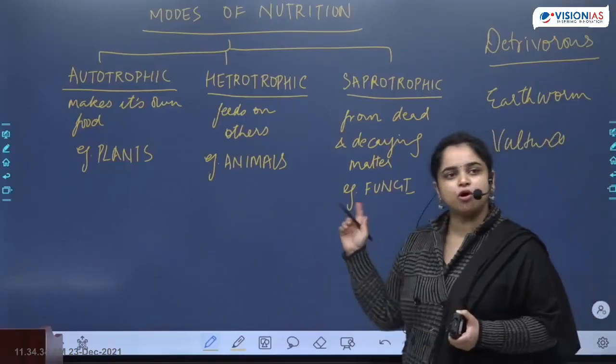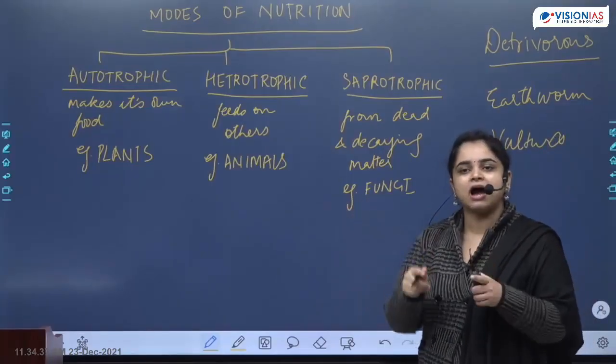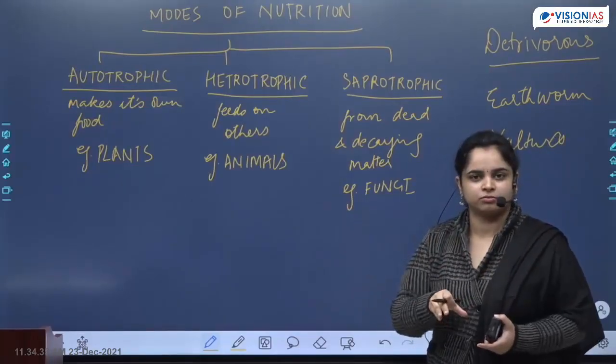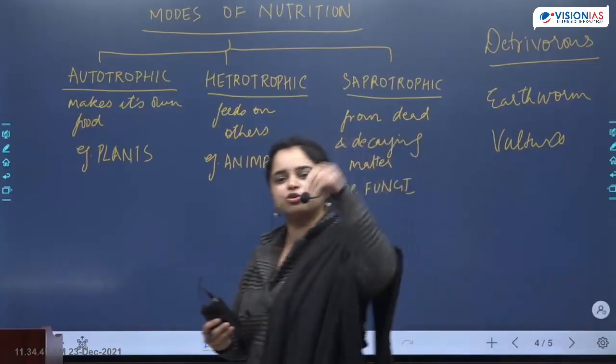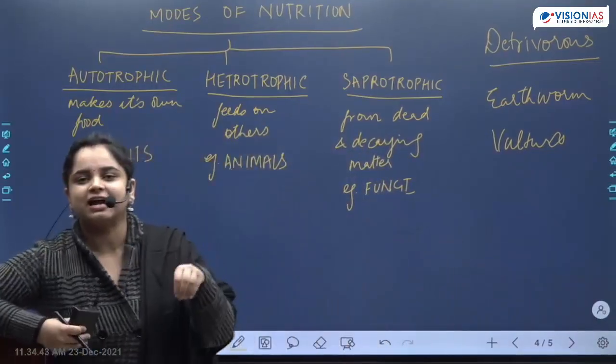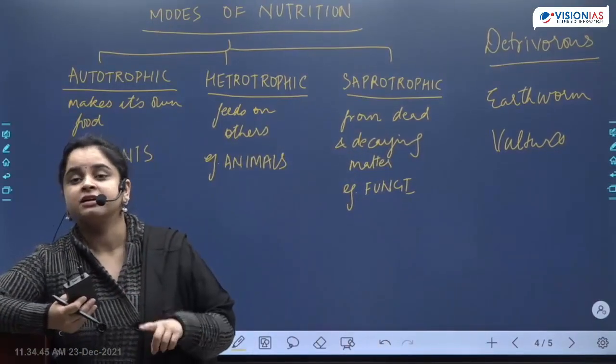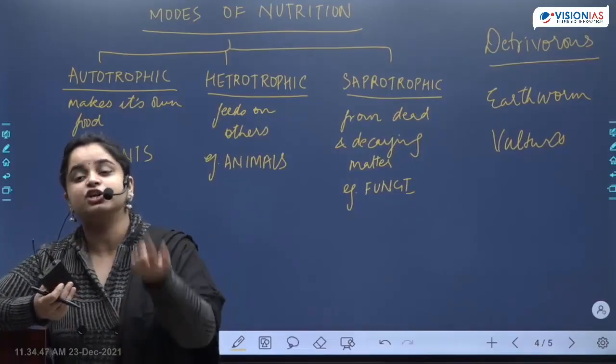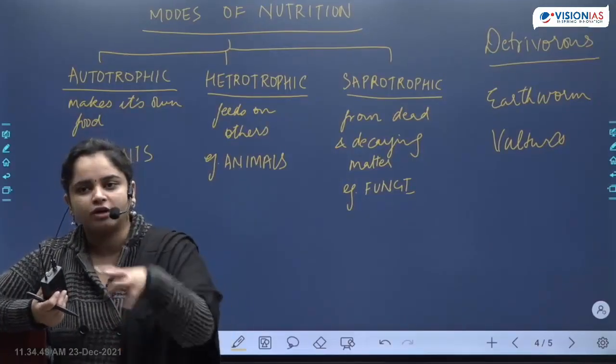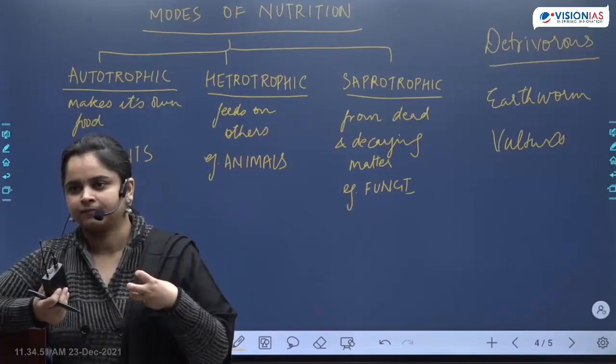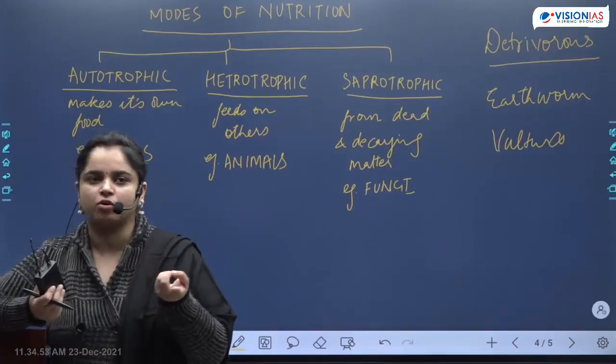Being saprotrophic means that you are first breaking it down. The fungus, I told you, is putting its enzymes on that dead pile of leaves, digesting it, and it is taking the nutrition inside, not the whole dead material. That is the difference in this mode.